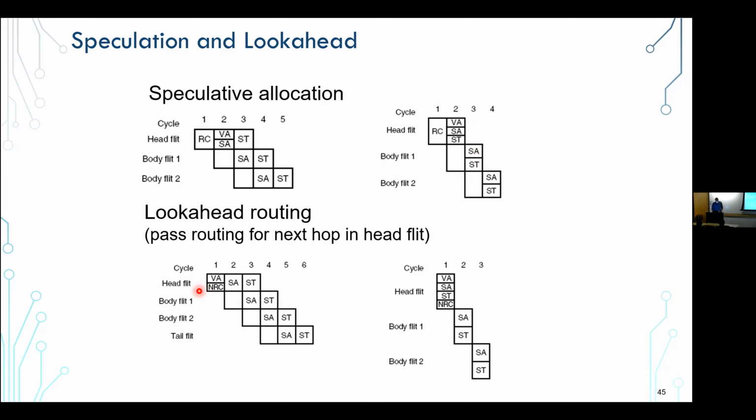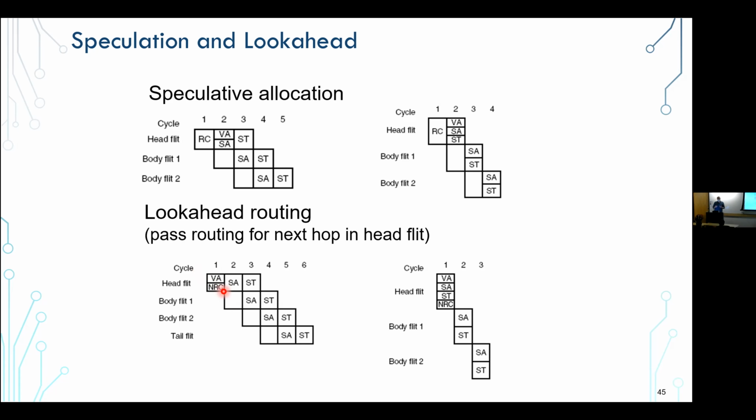There is another thing you can do, and that's essentially to save on the route computation, because you can do the route computation for the next guy. So when you receive stuff, someone's already computed for you on which of your outputs the packet should go, and that information is embedded in the head flit. And then what you do is you do it for your neighbor, for the next guy. That way you can pack the route computation in the same first cycle as the virtual channel allocation, right?